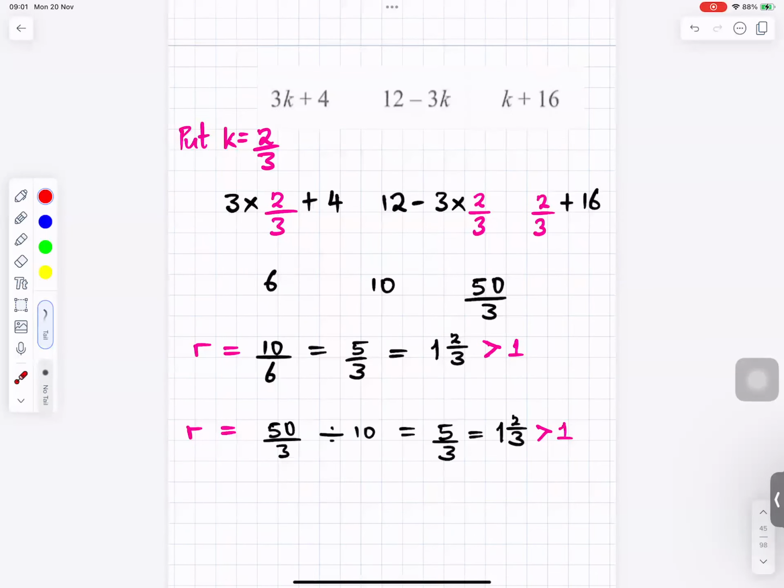If you try the next value for k, 2 over 3, you work it out, you get these 3 answers. When you do the second number divided by the first, 10 divided by 6, you get 5 over 3, which is bigger than 1. The third number divided by the second, you get 5 over 3, which is bigger than 1. So that would not work.